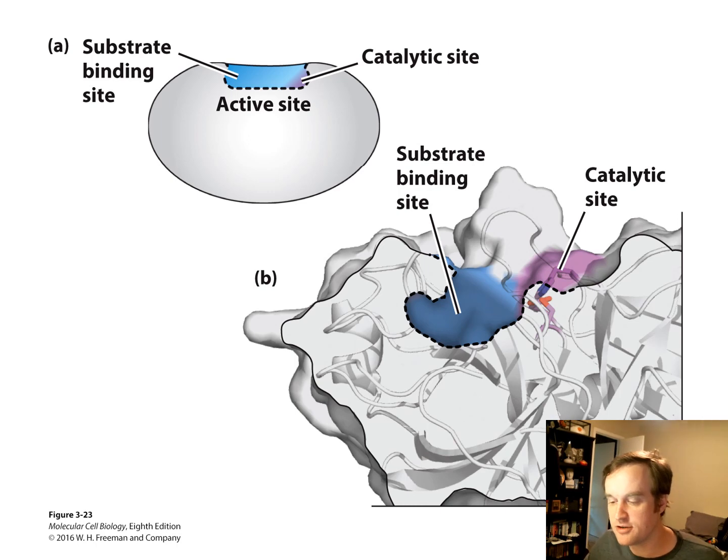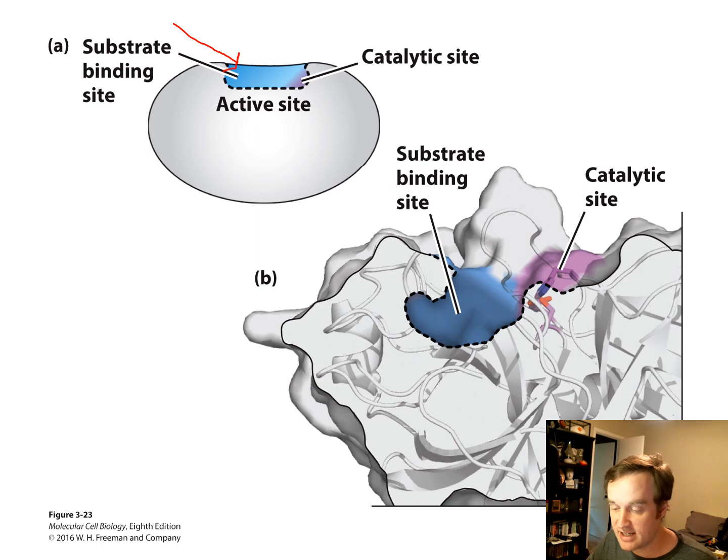So now we'll look at another enzyme. In this case, we have trypsin. And these enzymes, such as trypsin, catalyze making or breaking the covalent bonds found in a substrate. And so here, trypsin, otherwise known as the serine protease, has an active site. And within this active site, we have this substrate binding site, which is indicated in blue here.